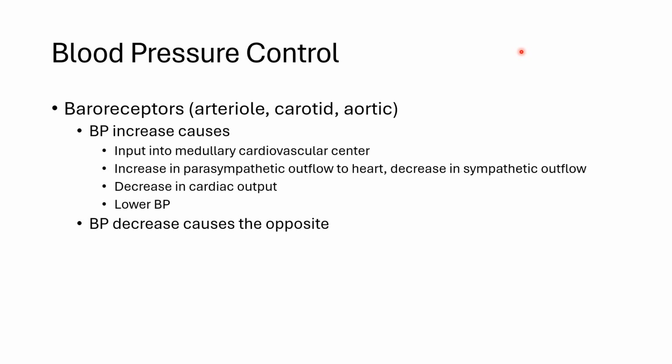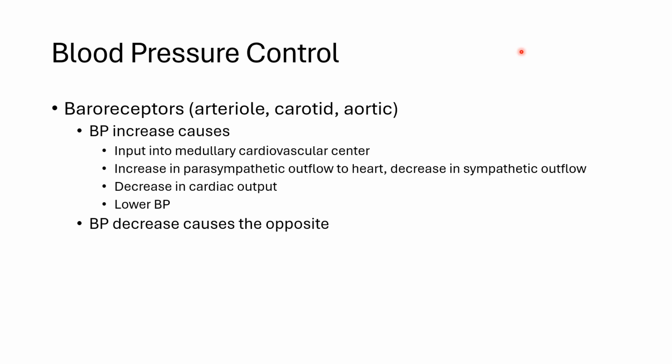So what controls blood pressure? If blood pressure is a measurement of the amount of force that is necessary to keep blood moving in this closed system, what is it that controls that? And that is a nervous system control.